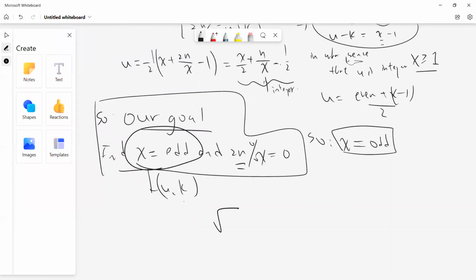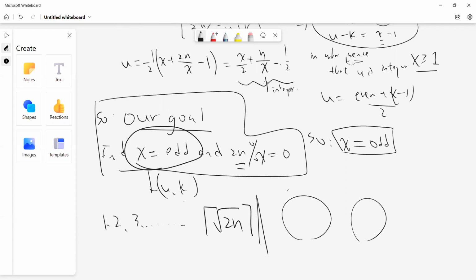So let me just take the square root of 2n, and take the ceiling, and then loop from 1 up to that to find the pairs. If n is less than or equal to 2, I just return 1. Let's say the answer is 0, and then you loop up to the square root plus 1. You can prove that if you go beyond this, it's the same as the previous one, so you shouldn't go beyond this.